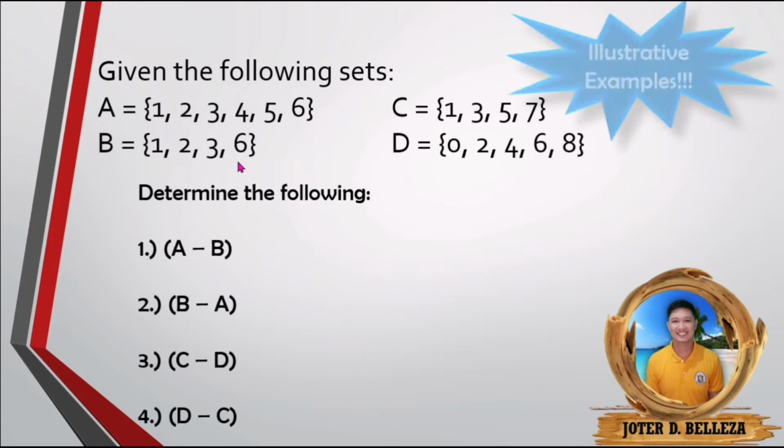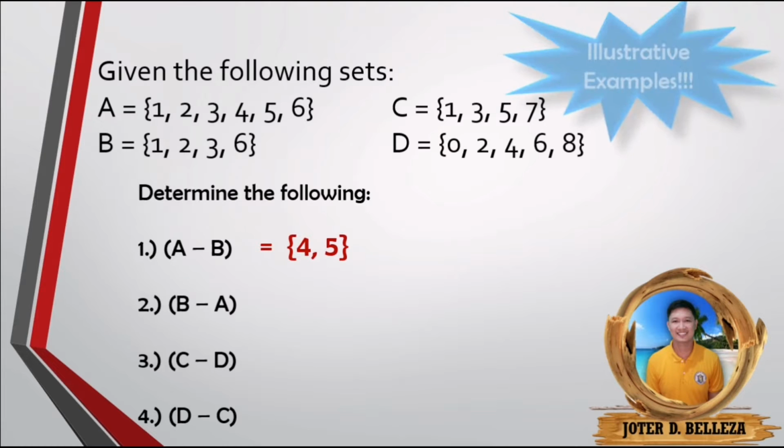Meaning, if we are going to take away all these elements of B from A, what elements are now left in A? Correct. So it means that A minus B is a set containing only 4 and 5. Alright. So I hope that you understand the concept.